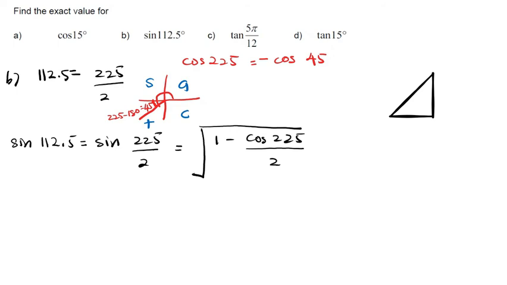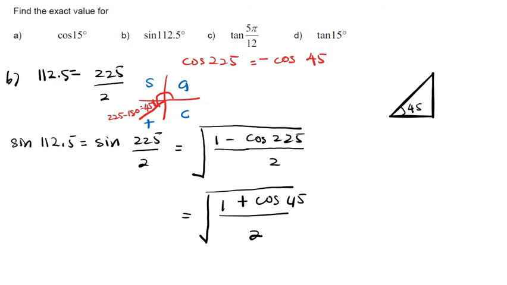So we substitute back here. So 1 plus cos 45 divided with 2. So now we must remember isosceles triangle for 45. So we have 45 here. Here should be 1, 1, and square root of 2. So substitute the value.